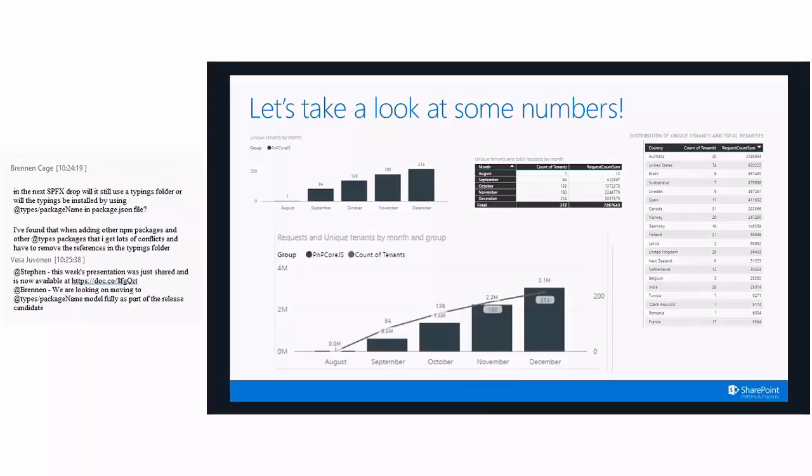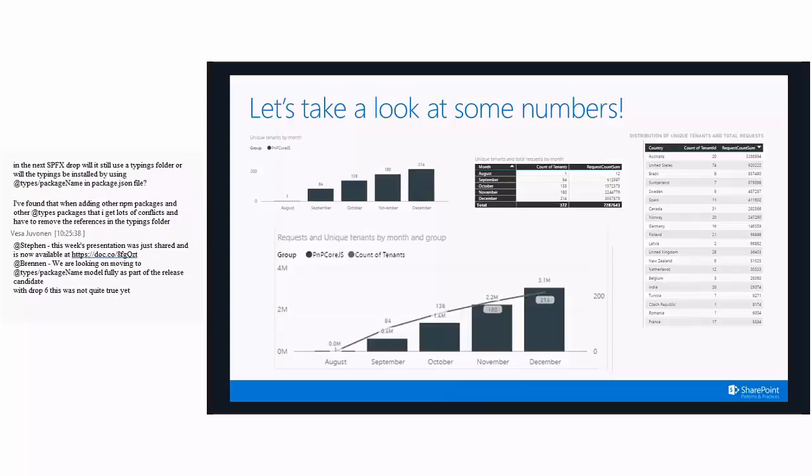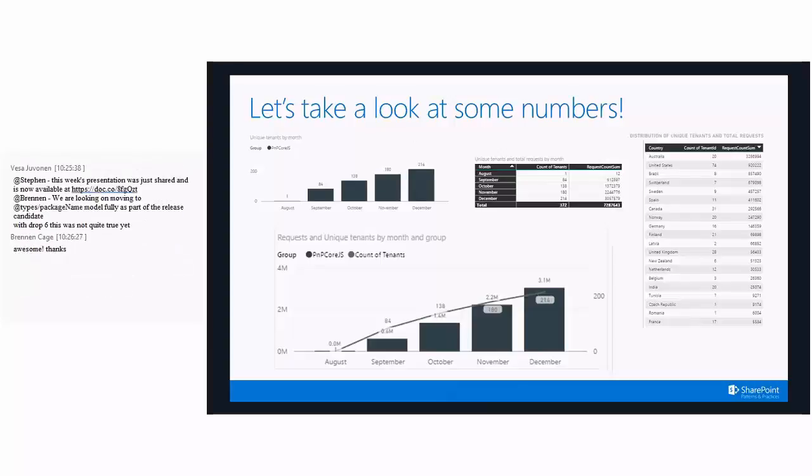So I wanted to bring up those same numbers for the JavaScript core library and talk about what they look like. All of them, I think, are really exciting and really positive in the sense that we're seeing growth across all these metrics. Now, we're not quite at the billion requests a month that the CSOM core component is getting, but we're working on it, and we're making great progress, and I think that's really exciting to see.